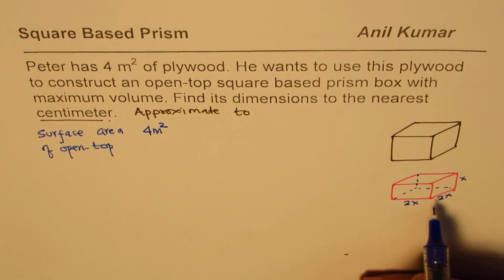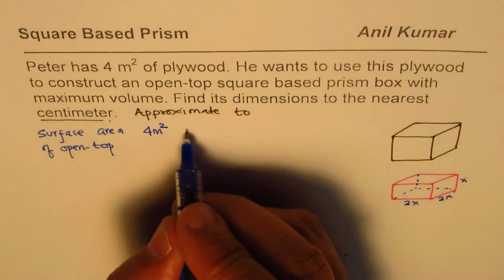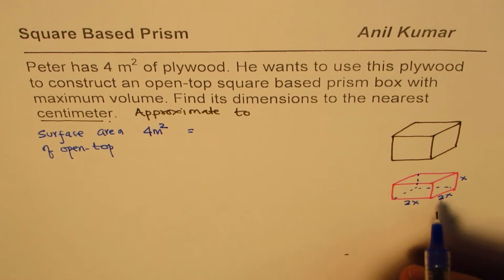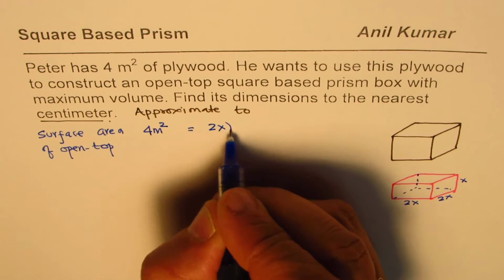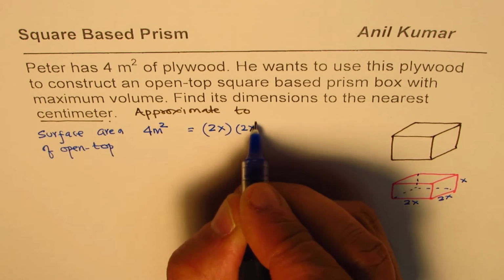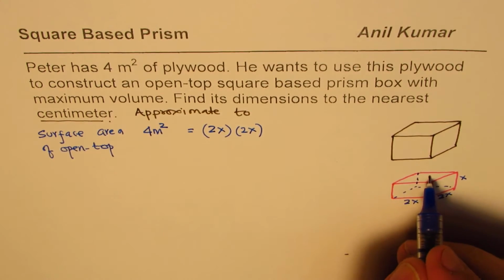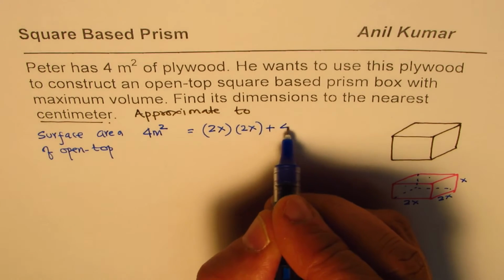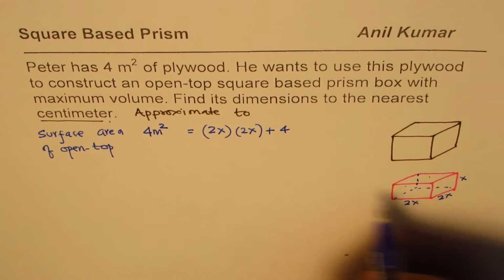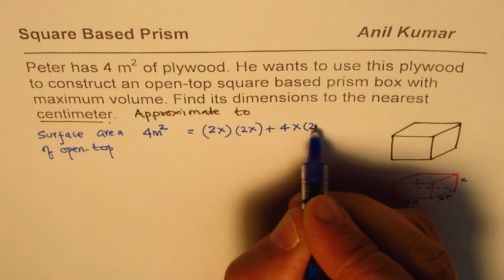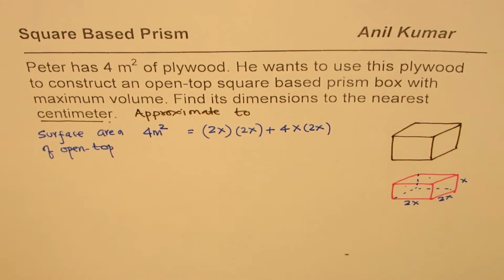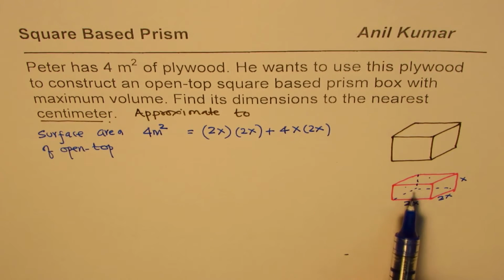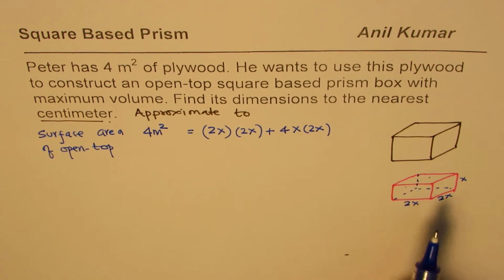Now, as you can see from this figure, we can write down the base area is 2x times 2x. And then we have 4 sides which have exactly the same area. So we could write this as plus 4 times x times 2x. So that becomes the total surface area of our square-based prism.